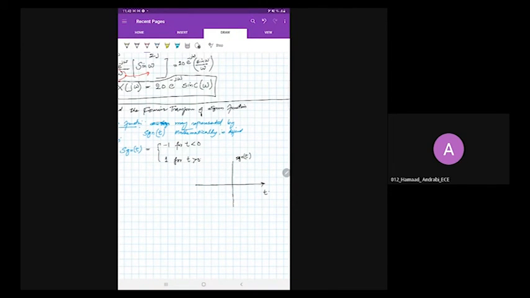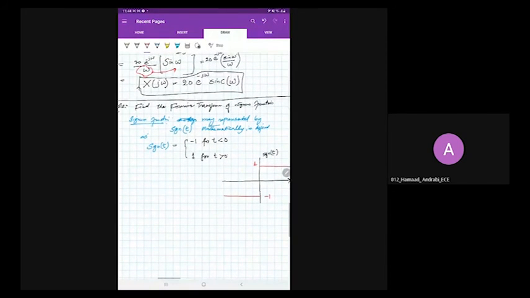Okay, so for t greater than 0 it is +1. For t less than 0 it is equal to -1.